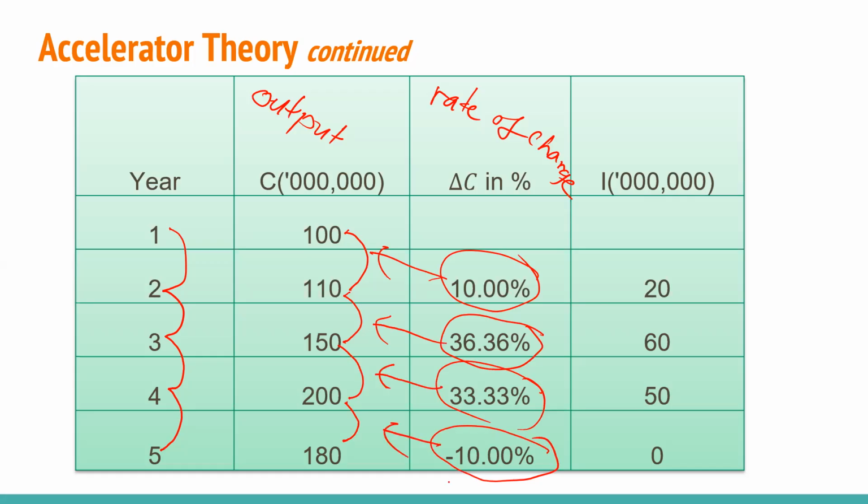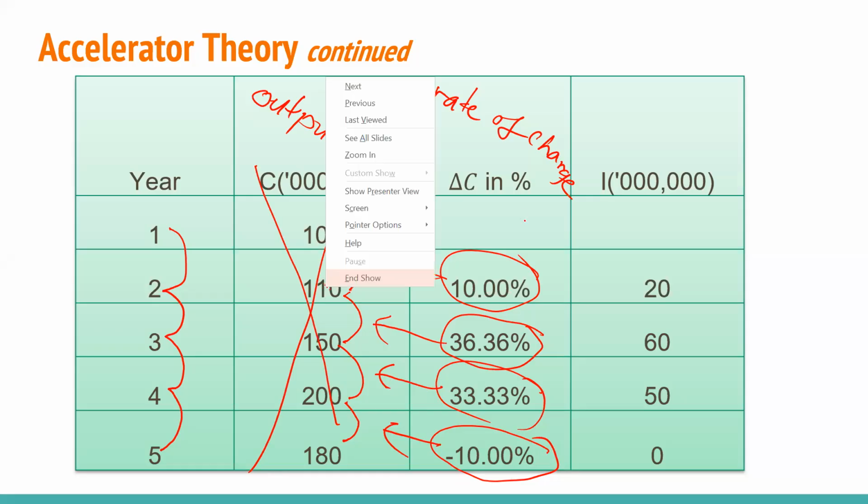We are saying that a rational investor will not be concerned with this column of the output level. A rational investor will only be concerned with the rate of change of that column.